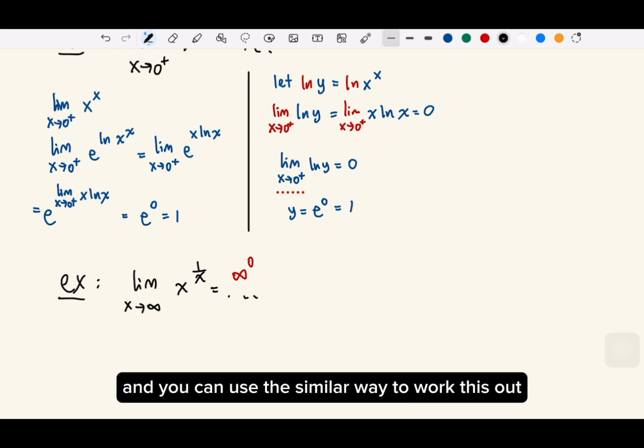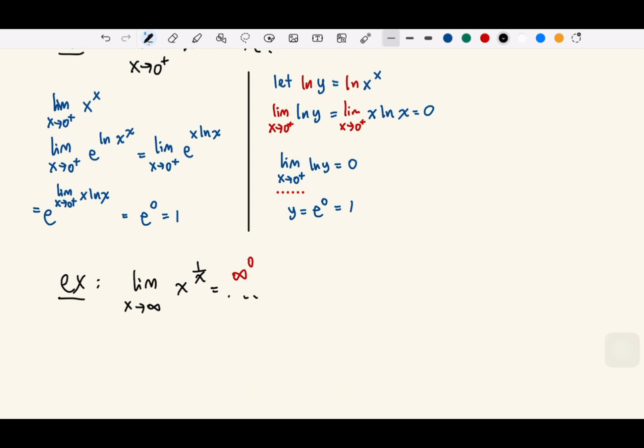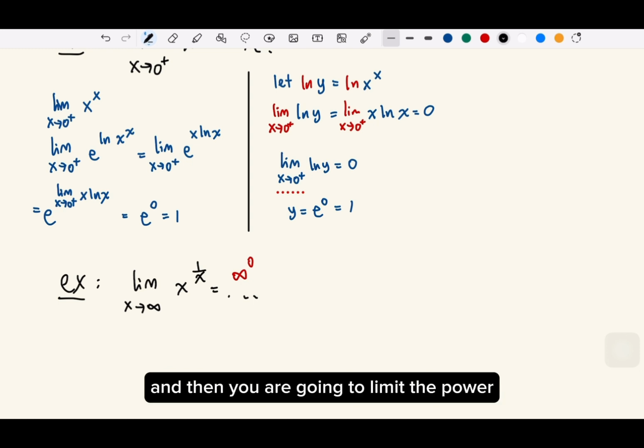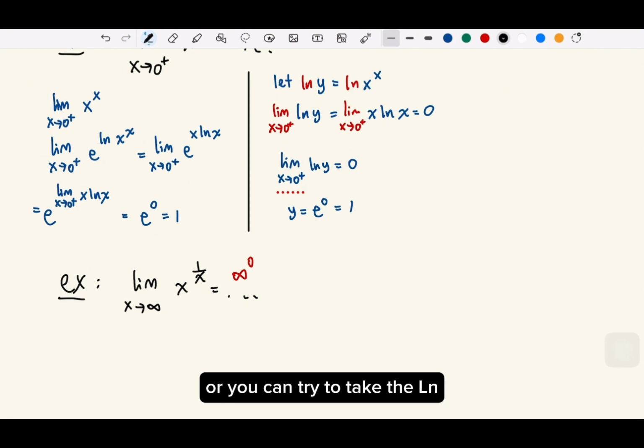And you can use a similar way to work this out. Okay? So you can directly write in terms of e, and then you are going to take the limit of the power, or you can try to take the ln, take the limit, and then bring back the result into the power of e.